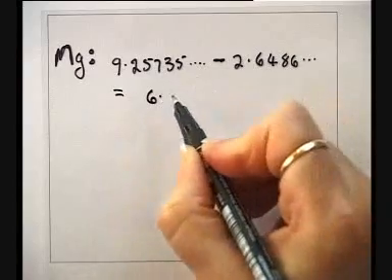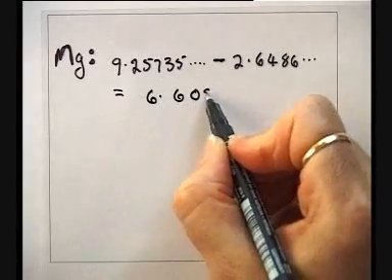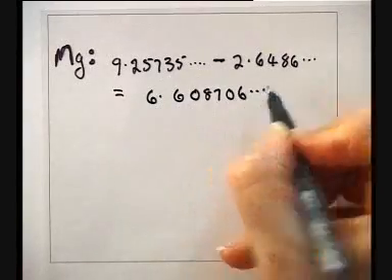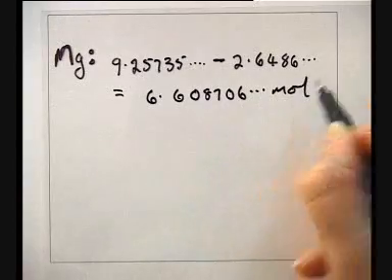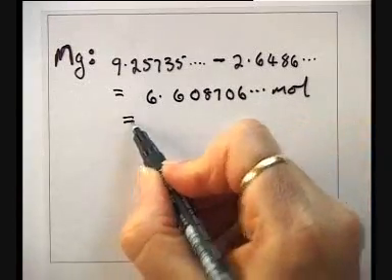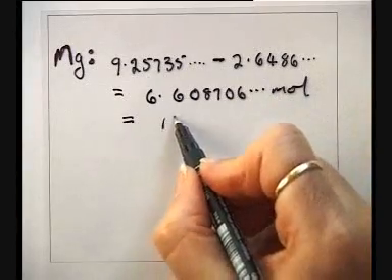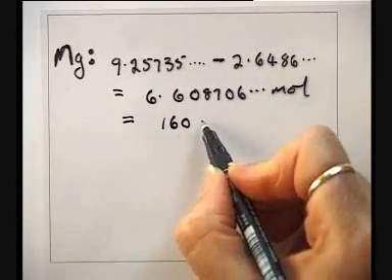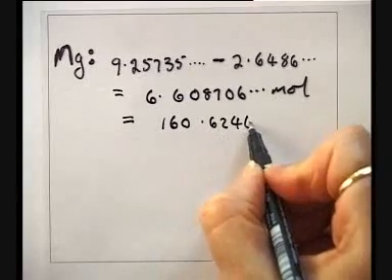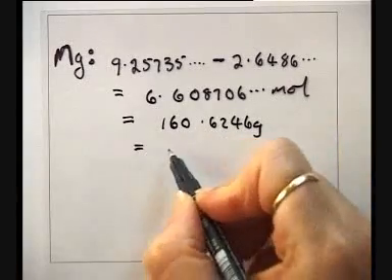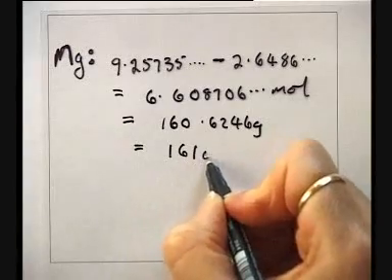We have got thus 6.608706 etc. moles excess magnesium. Express that as the mass by taking into account the molar mass, and this will be 160.6246 grams, rounded to 161 grams.